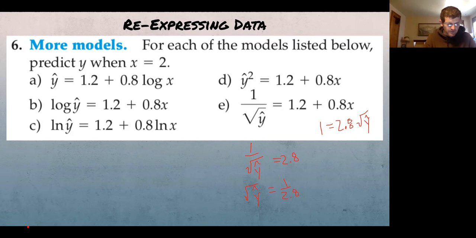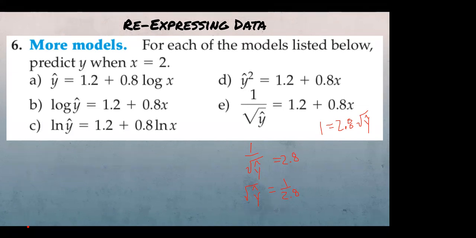So there we go. Now that we've got the square root of y hat equals 1 over 2.8, what are we going to do? You do 1 over 2.8 squared.